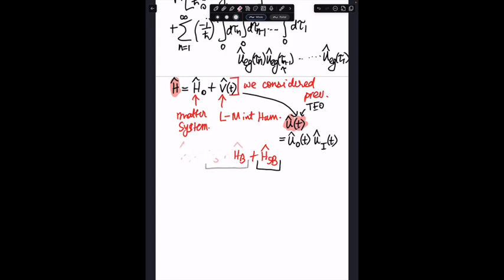Let me erase this because this is extremely interesting. So in the past, we had written your full time evolution operator as a product of two time evolution operators, where one was given in the interaction picture and contained the perturbation terms, and the other was your free propagator, which just propagates with respect to H0, which is here.